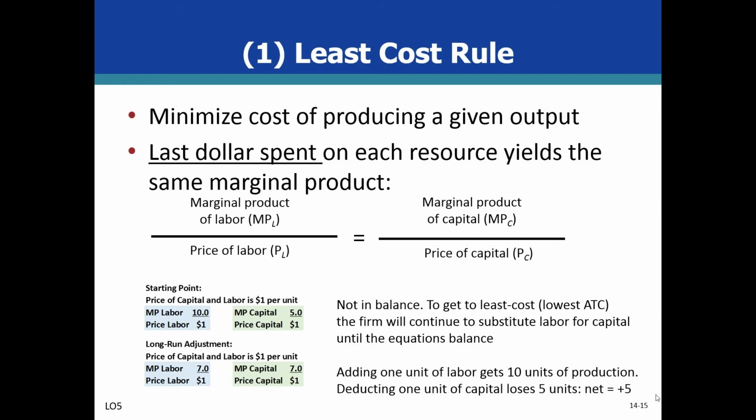At this mix of resources, the equation does not balance because, as I showed in the equation above, the least cost rule demands that the equations balance. What is a manager to do?